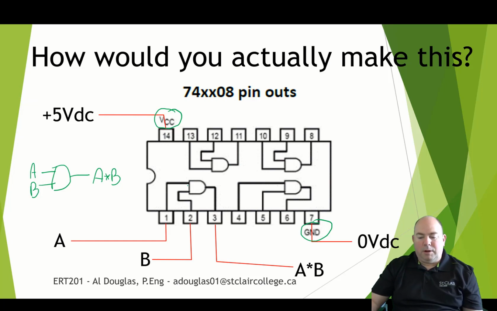Typically we always start down here and work our way around and use up what we need to use. So the inputs on this first gate here are pins 1 and 2. So we would take our signal A and signal B and put them on 1 and 2. Our output would come from pin number 3. So that's what we would connect there. And that's basically what we're doing in the lab this week as well on Tinkercad, is wiring these up and verifying the truth tables for each one.